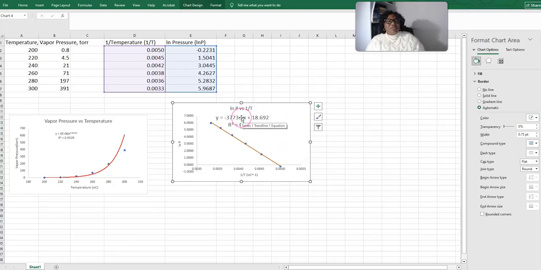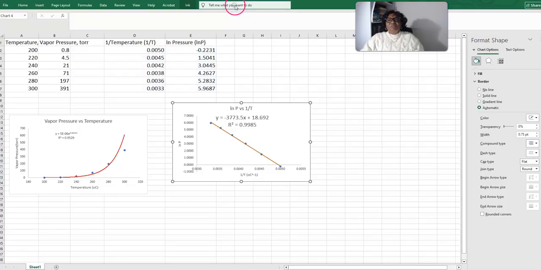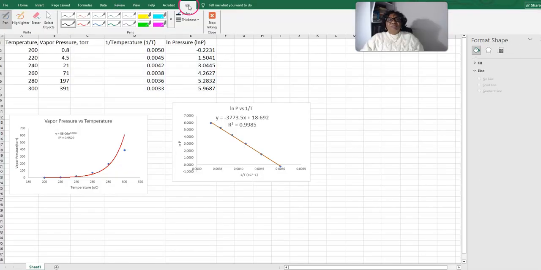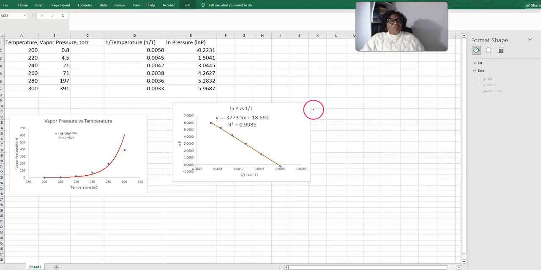So this particular graph, our y, which is ln P, so y equals mx plus b.